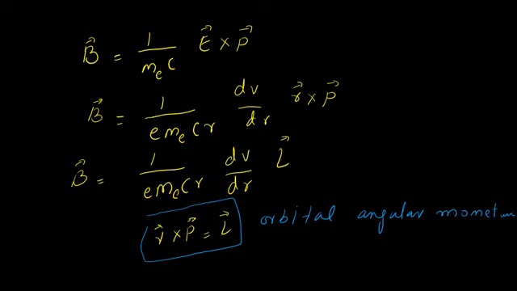So now we have the equation for the magnetic field, and we have the equation for the spin magnetic moment of the electron. The next thing we need to know is the interaction of the electron spin dipole moment μs with the orbital magnetic field B of the nucleus.